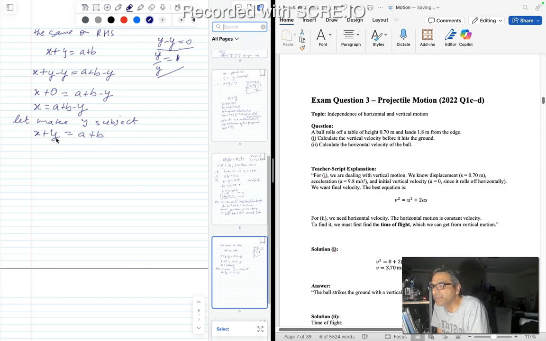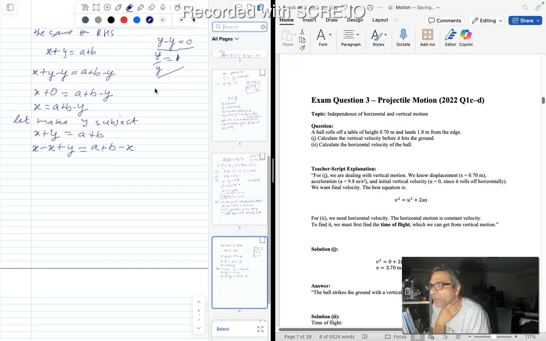If y is the subject, we need to remove x, right? So how can we remove x if it is addition? Exactly, very nice. So let's do that. x minus x plus y equals a plus b minus x, right?